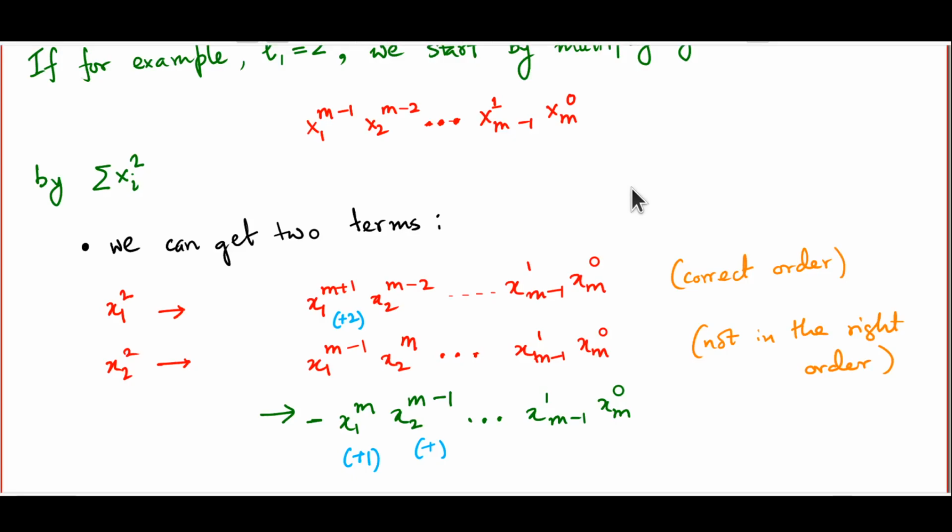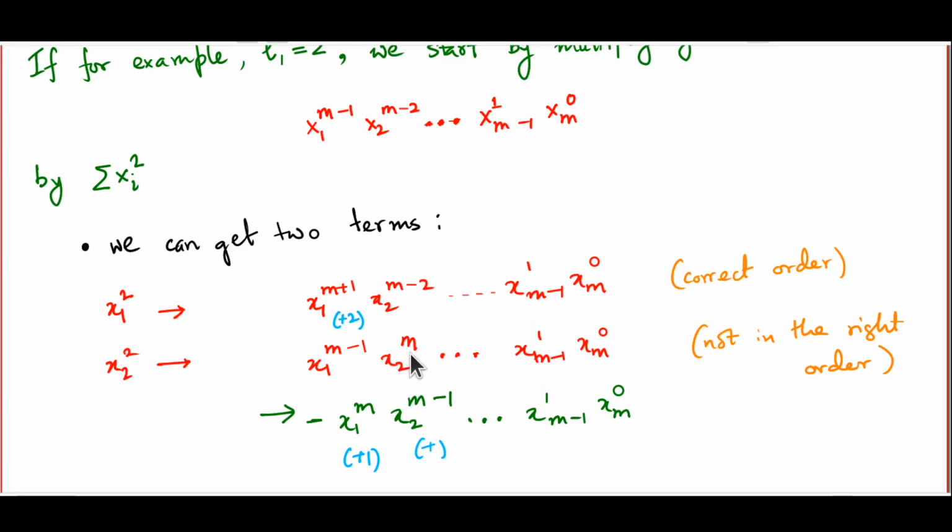To represent this procedure graphically, what we need to do is have a diagram with m different rows and put two dots corresponding to multiplication by these two powers. In the first case, we could multiply by x1 square to get this, and that of course will contribute to two dots on the first row. The second case is slightly more complicated.